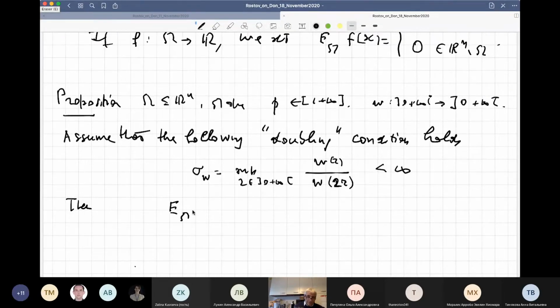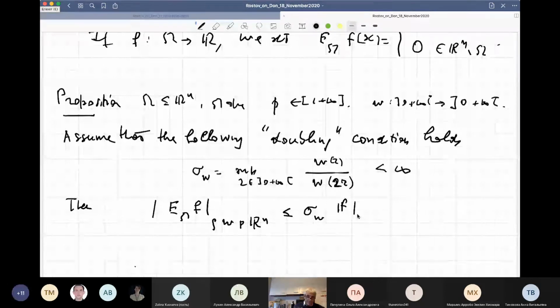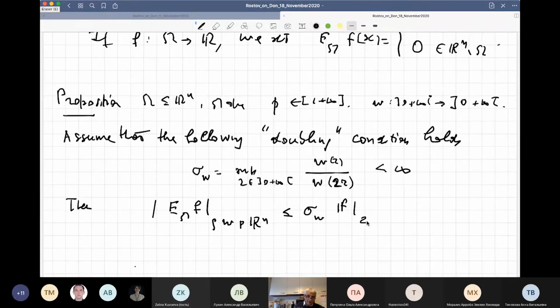E omega F, you take the Morrey modulus here, rho, W, P in the entire R^n, because the extended function, you remember, is extended in the entire R^n, E omega F, is less or equal than sigma W times the modulus of F. And now here I don't put rho, but I put 2 rho, W, P, omega, for all rho in 0 plus infinity, and this is also the case for plus infinity.